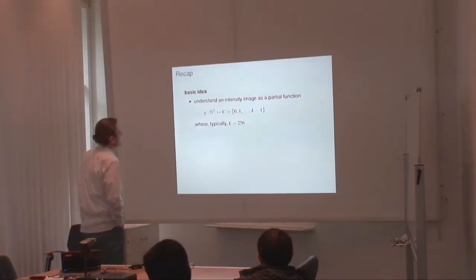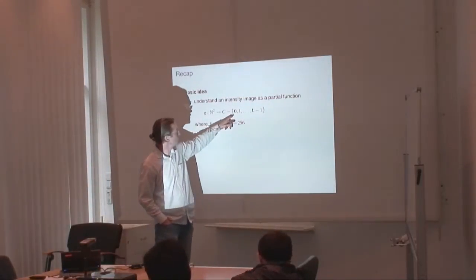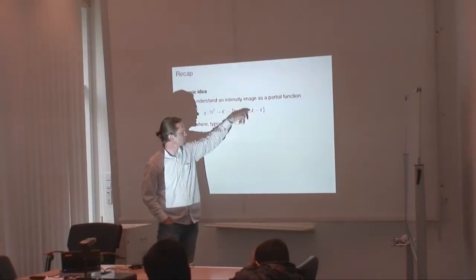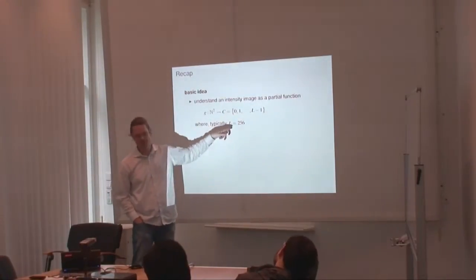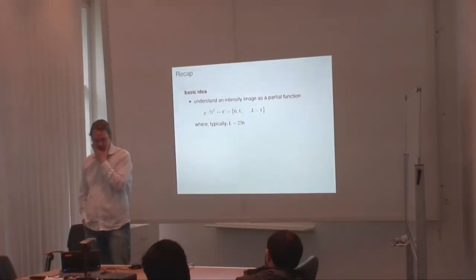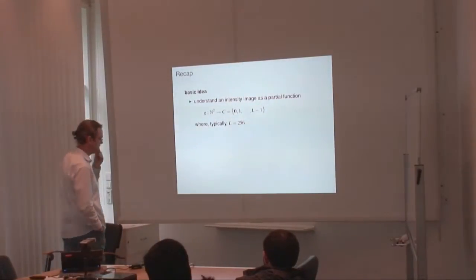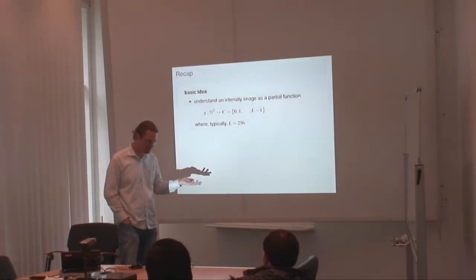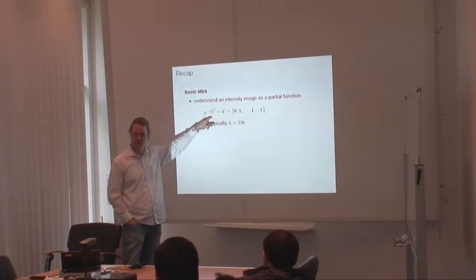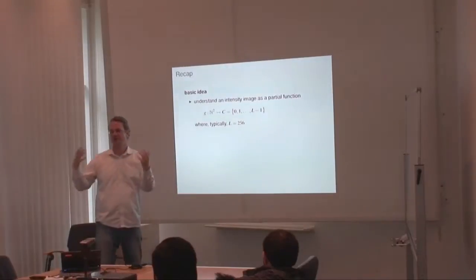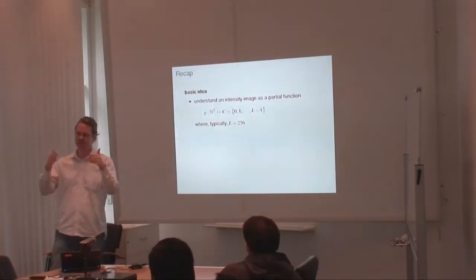But we are talking about intensity images, so the colors assume values between 0, 1, all the way up to L minus 1, where L typically is 256. And it is a partial function because in the real world, not every possible combination of two natural numbers actually occurs as the coordinate of a pixel.